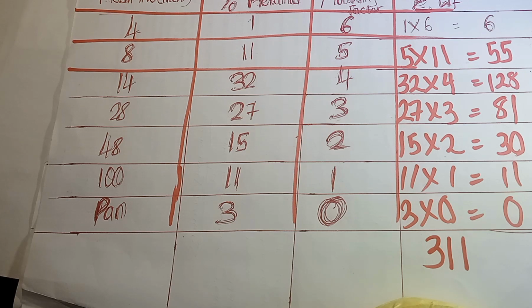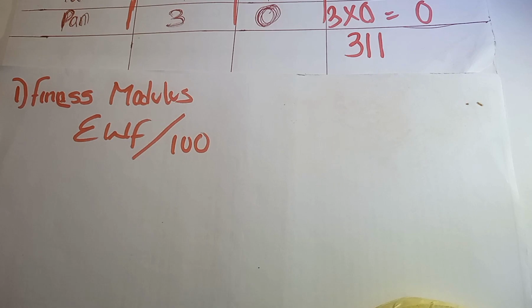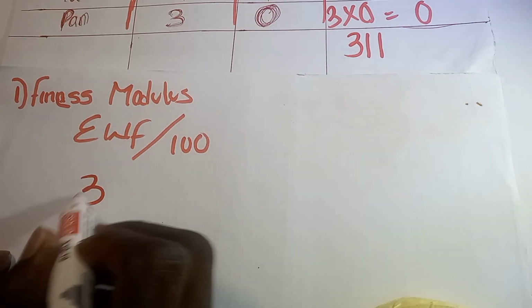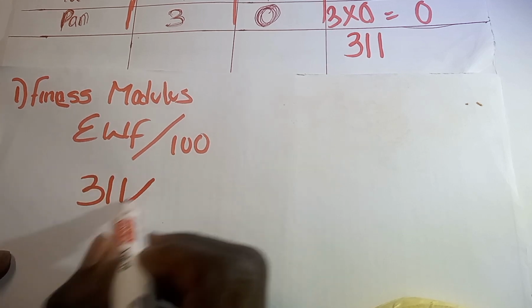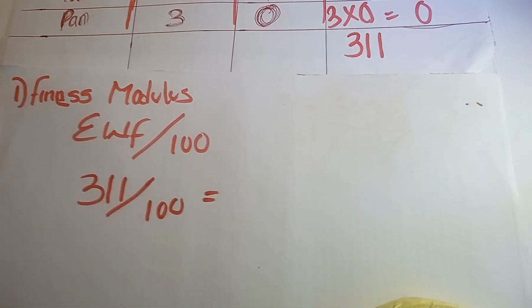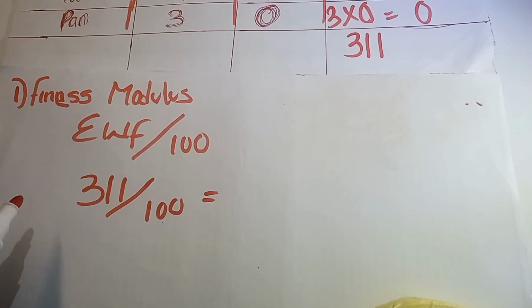So if I want to get the fineness modulus now, I can proceed to calculate it. The sum of the weight by fraction is 311, so I have 311 all over 100. 311 divided by 100, punch your calculator, you are going to get 3.11.